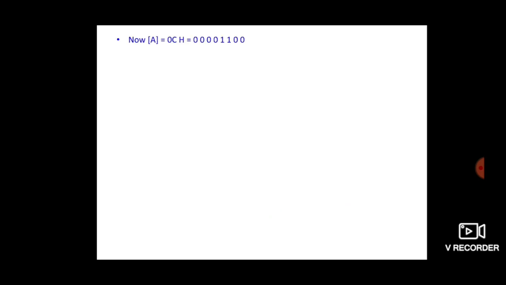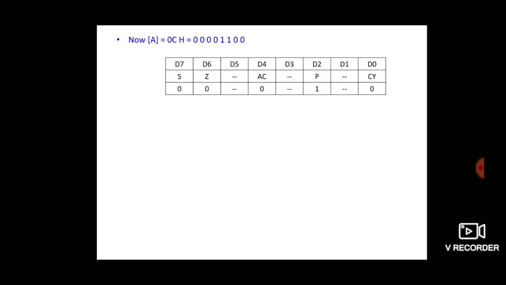See, continue. Now the accumulator contains 0CH after addition, so depending upon this result, see here, first the carry flag is 0. Why 0? Because a 9th bit is not created during the execution of the ALU operation.